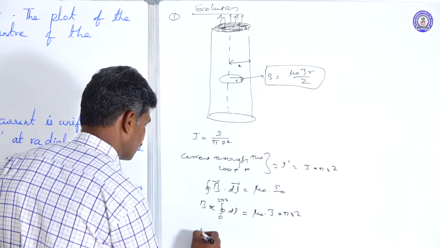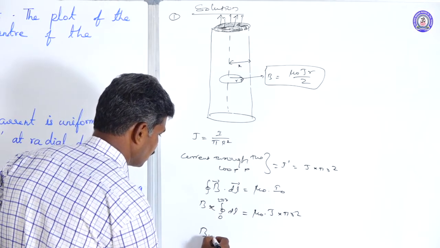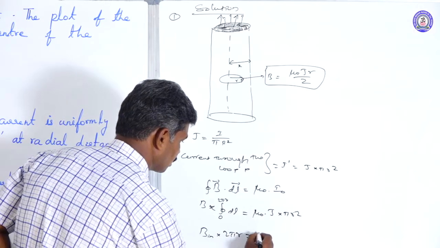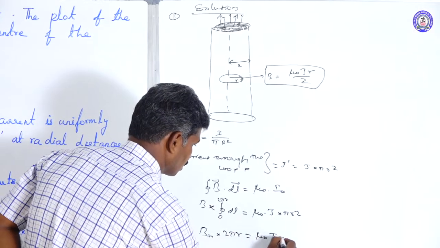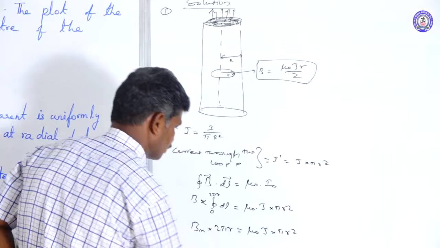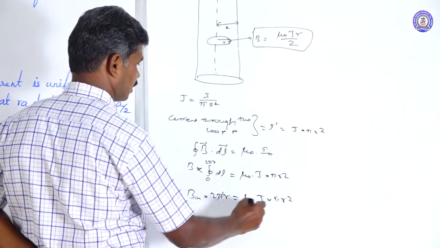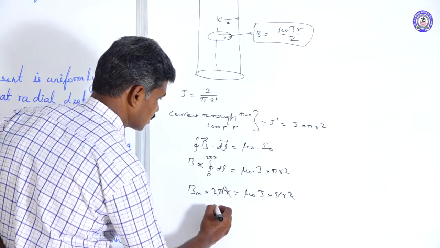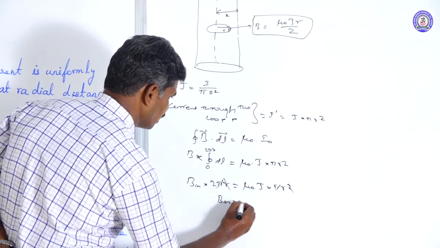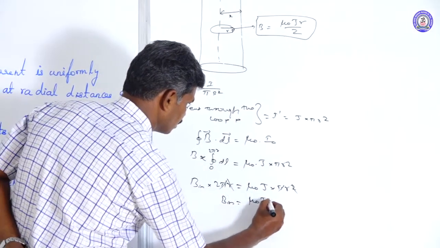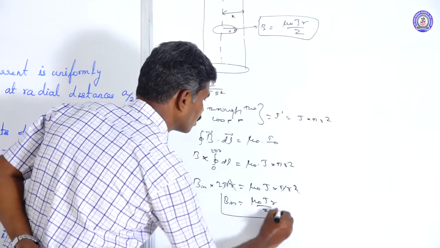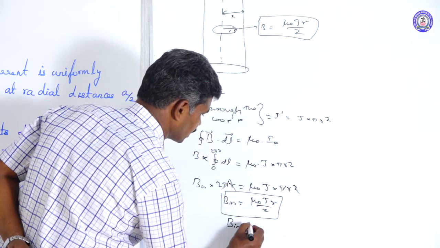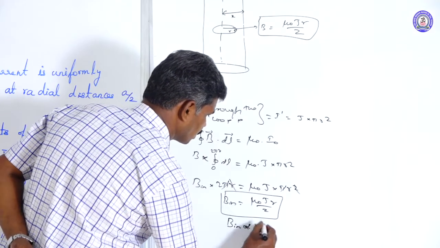From that we get B into 2 pi r equal to mu naught J pi r square. Pi and pi cancel, r cancels, and we get B equal to mu naught J r by 2. We know that inside a cylindrical conductor, B is proportional to r.